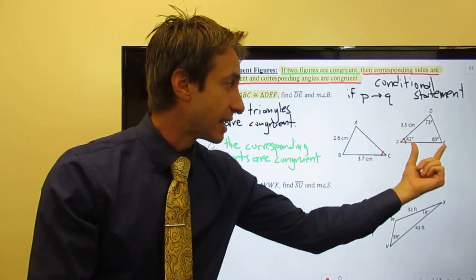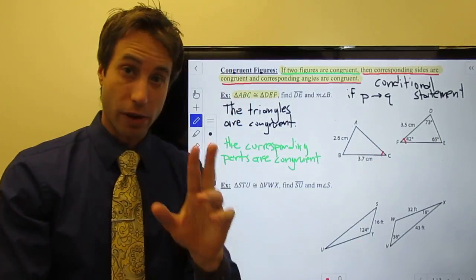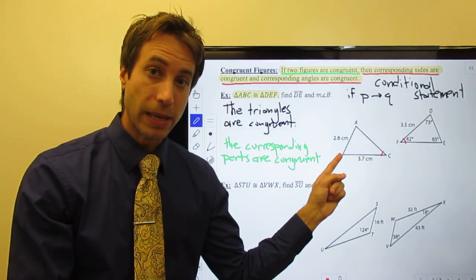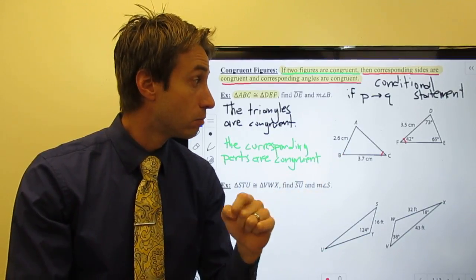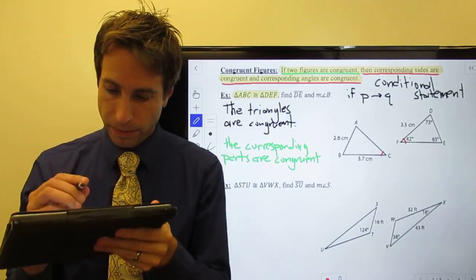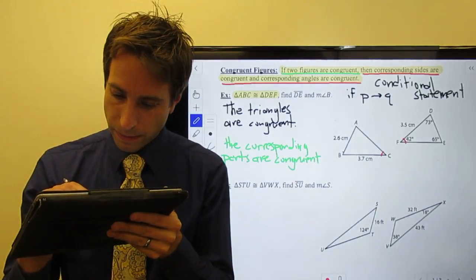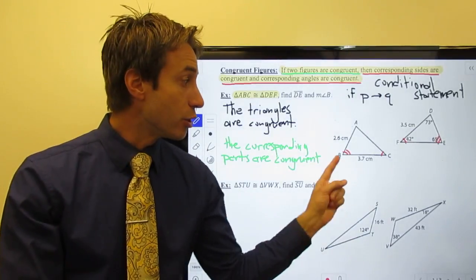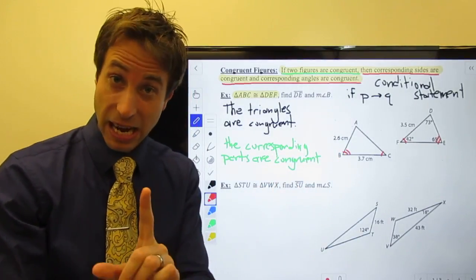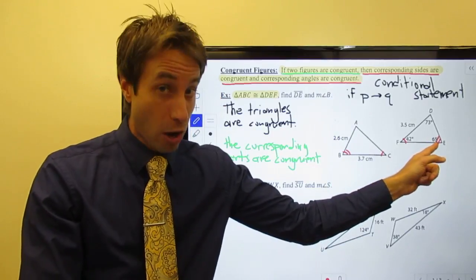Let's keep going. I take this one and flip it over. Angle B corresponds with which angle? I agree. Angle B corresponds with angle E. Make sure that you use the two little arcs, because B and E are congruent.